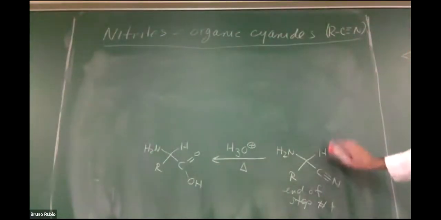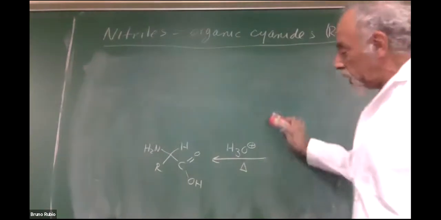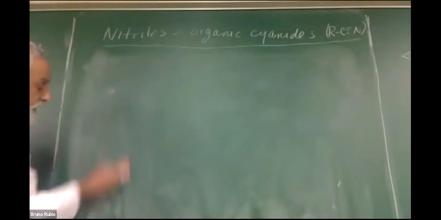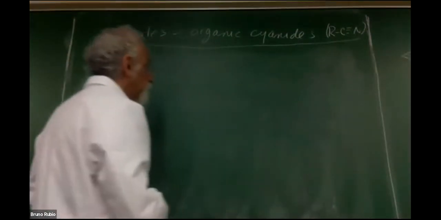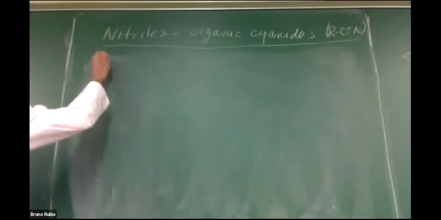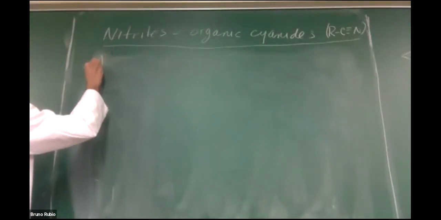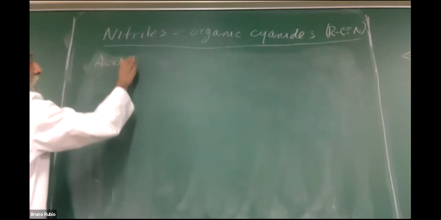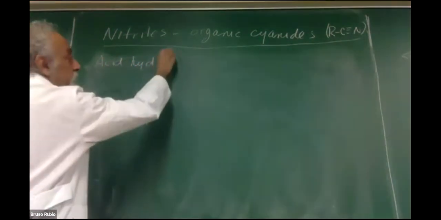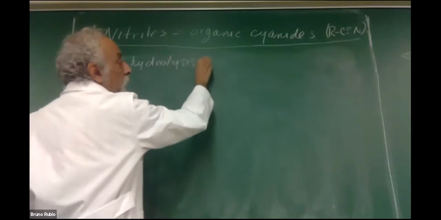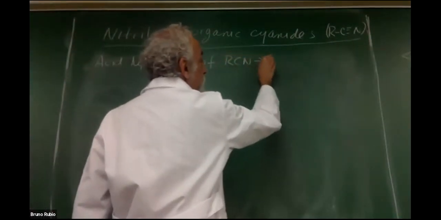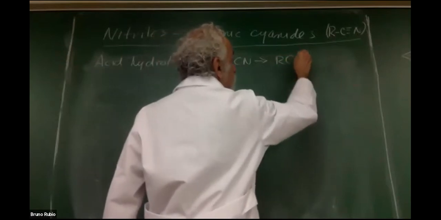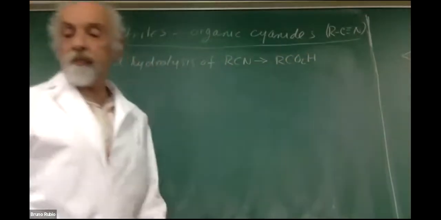It's the nitrile being turned into a carboxylic acid. This is called acid hydrolysis of a cyanide to a carboxylic acid.